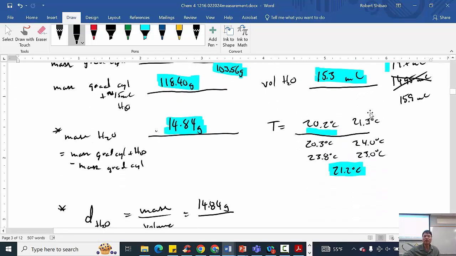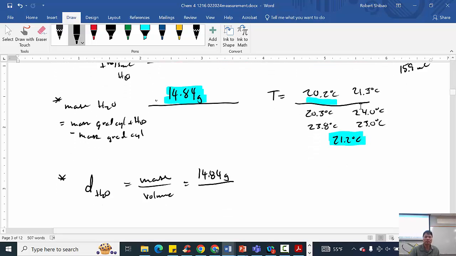The volume of the water that you got is 15.3 milliliters. Go ahead and punch that out in the calculator, and let's see what we get for the density here. So 14.84 divided by 15.3.